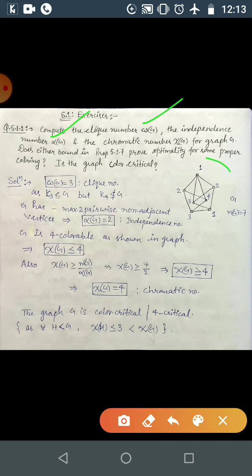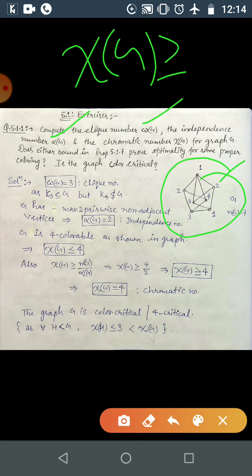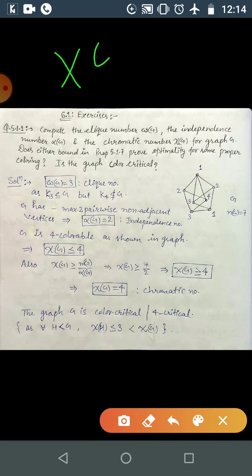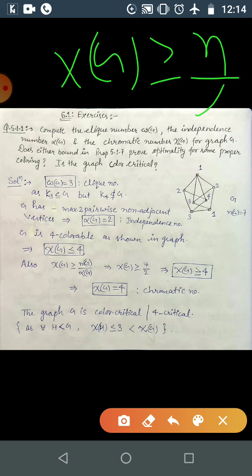A graph is given, and it is further asked whether either bound in Proposition 5.1.7 is tight. That proposition says chi of G, the chromatic number of G, is greater than or equal to the clique number of G, and second, chi of G is greater than or equal to n, the order, divided by alpha, the independence number of this graph.